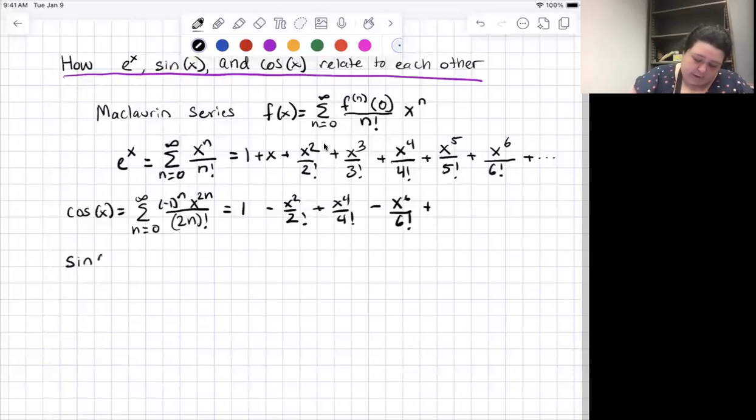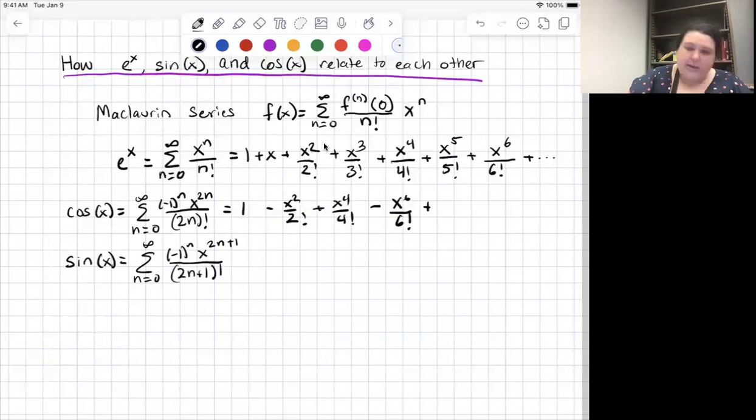If I do sine of x, well, this is going to be a little familiar, but again it's going to look complicated at first. We're going to have something changing signs, but now instead of 2n, we're going to have 2n plus 1, and we have 2n plus 1 factorial in the bottom. Sometimes you'll see 2n minus 1, depending on how you're defining the start of your series.